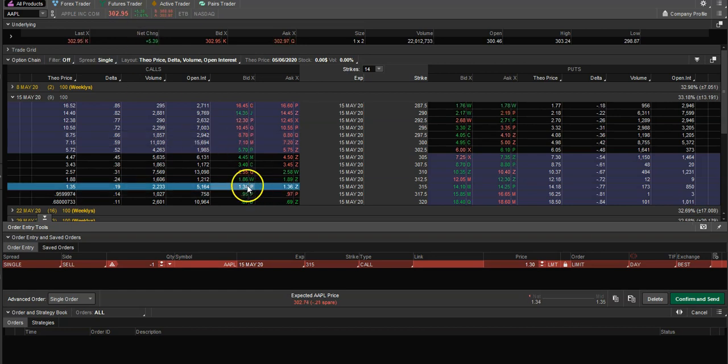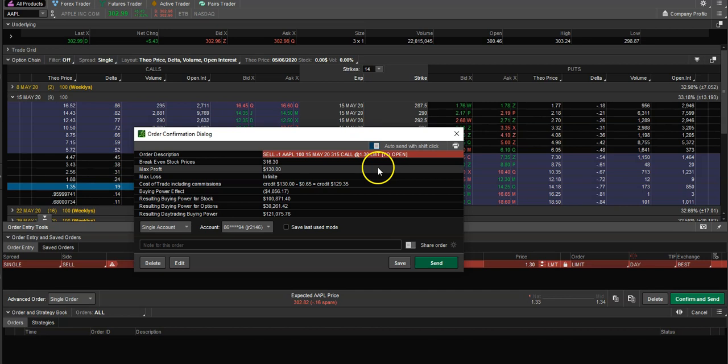So if I'm selling this call for $1.30, let's now look at the breakdown. My break even is $316.30. So this stock could go, we're at 303, we'll round it up, right? This stock can move $13 higher to $316.30 at expiration before I start to lose money.